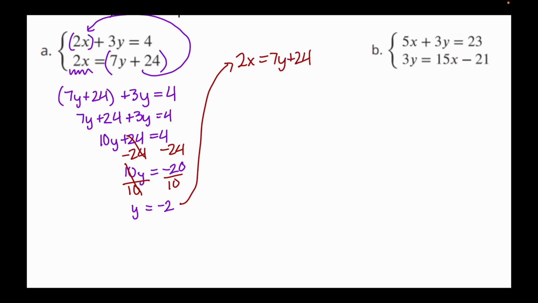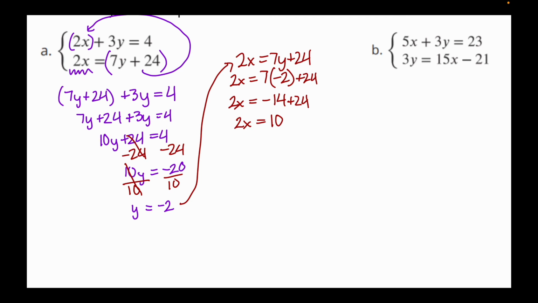So we're going to plug in negative 2 for y. So 2x is going to stay the same, but 7 times negative 2 plus 24. So 2x, 7 times negative 2 is negative 14. And when we combine those like terms, we'll get 2x is equal to 10.